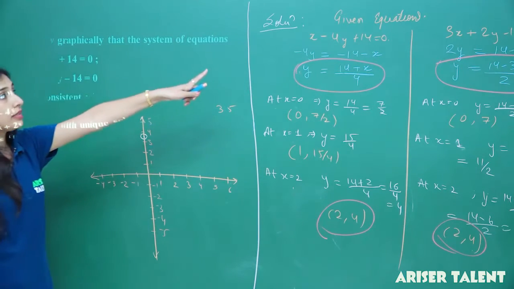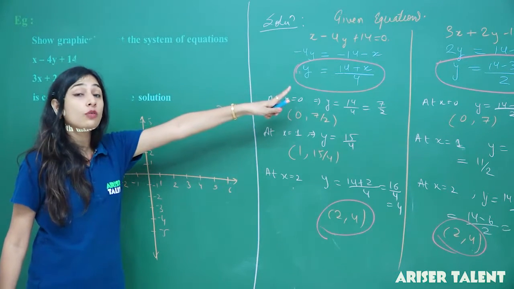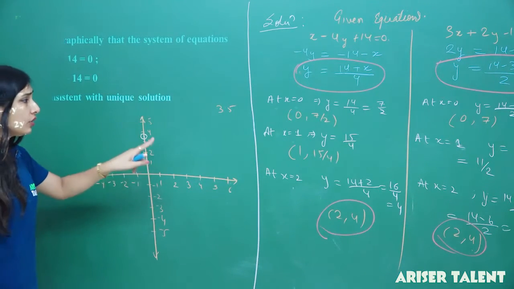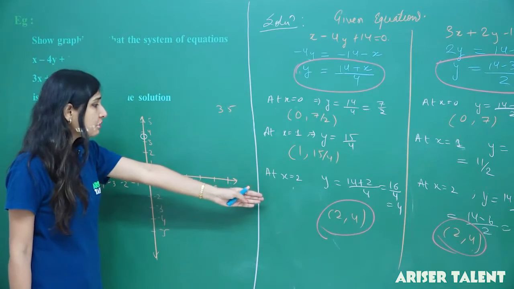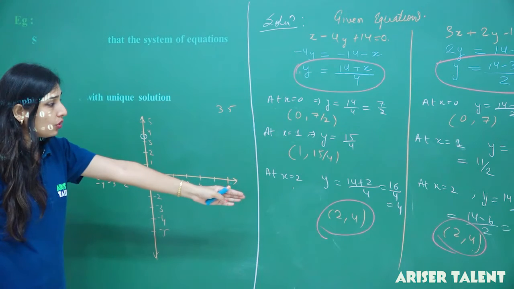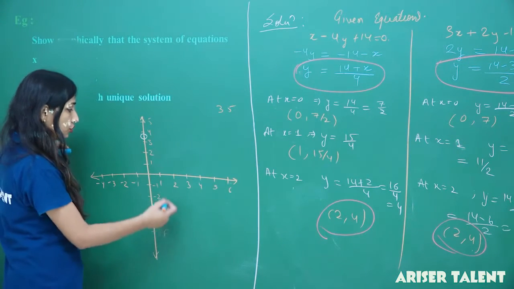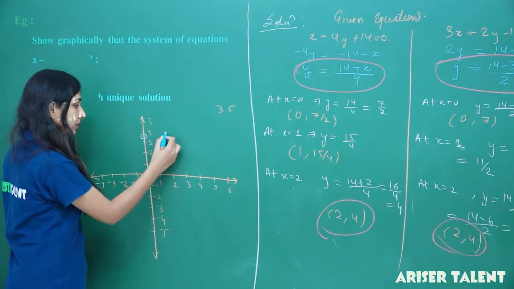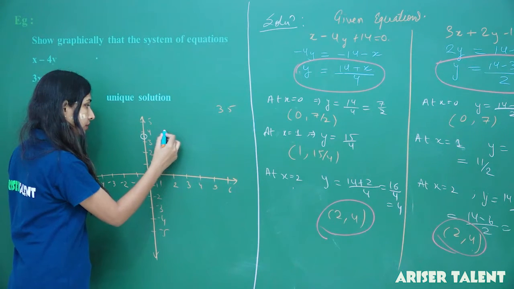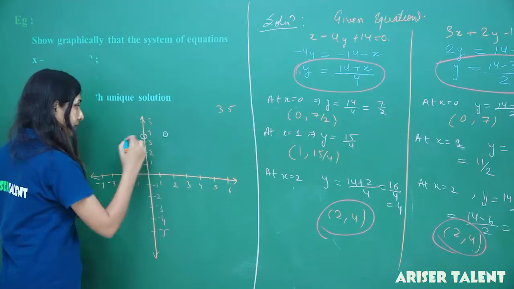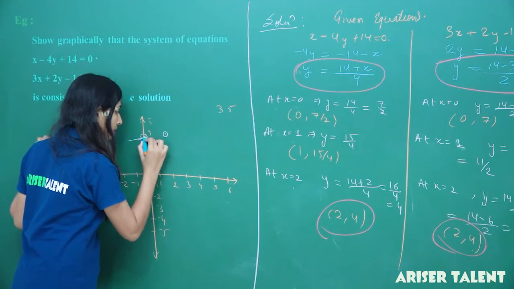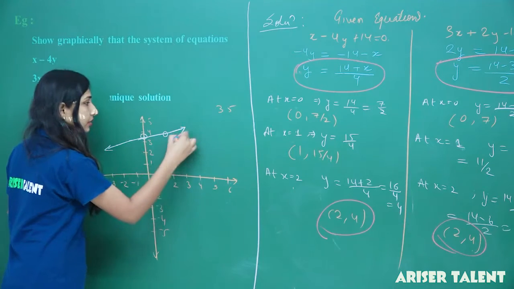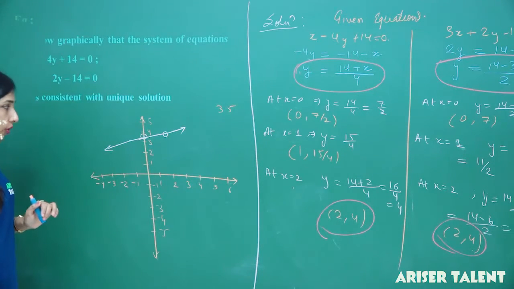I am talking about this line x minus 4y plus 14 equals to 0, students, right. Now, this is 1. Now, second is, can I take this value 2 and 4? Okay. So, 2 here and 4 right there. Okay, students. Now, I am having this line which is like this, right. It will go like this. Okay.